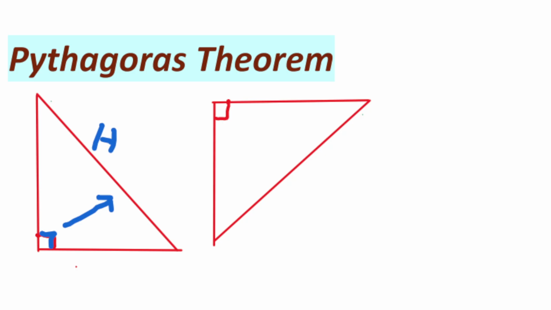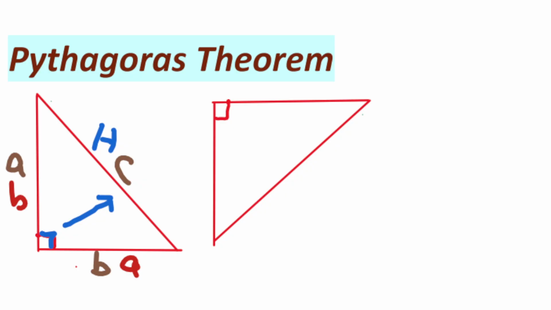So this side we usually call C. The other two sides can just be called A and B. A and B are not that important, the place of the name. So this one can be B and this one can be A. It's not a problem. But C should only be the longest side.